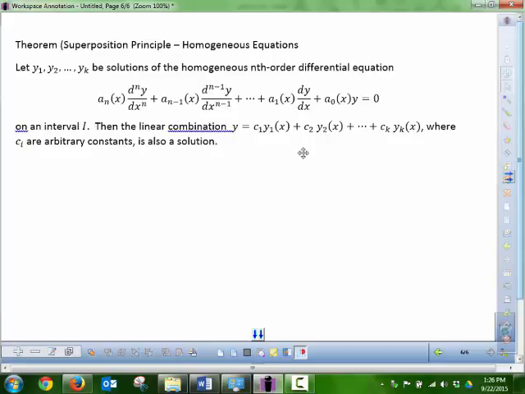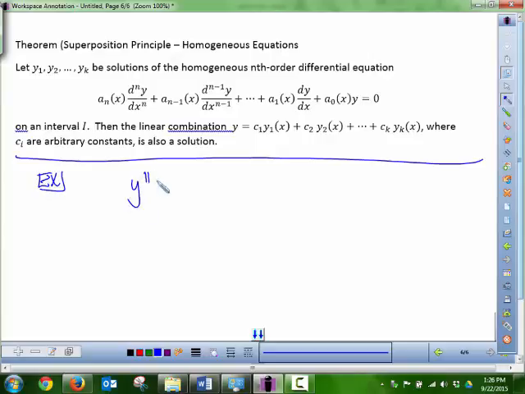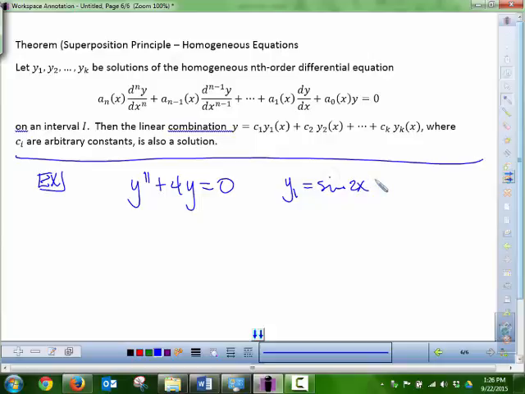Let's take a look at an example. I have a homogeneous differential equation over here, and I'll say that y1 equals sine 2x is a solution. Let's check that.